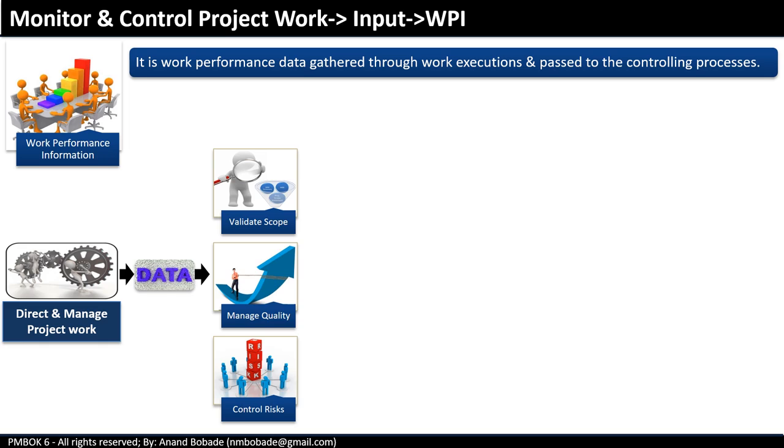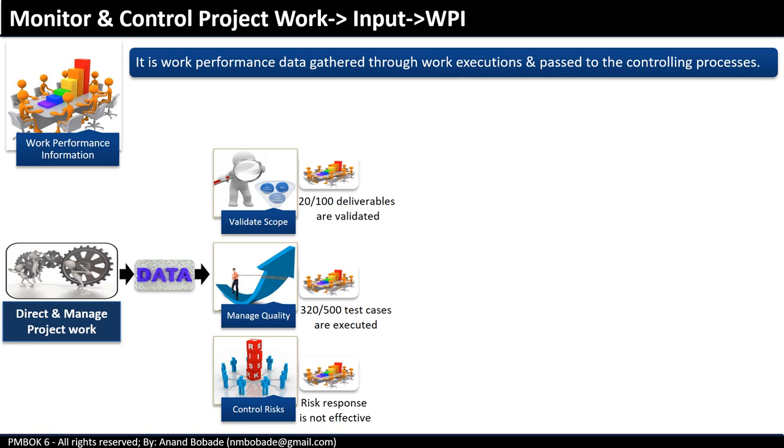Data in itself cannot be used in a decision-making process. So work performance data is compared with the project management plan components, especially baselines and project documents, which indicates the project performance. In this case, 20 out of 100 deliverables are completed, or 320 out of 500 test cases are executed. So this is work performance information.